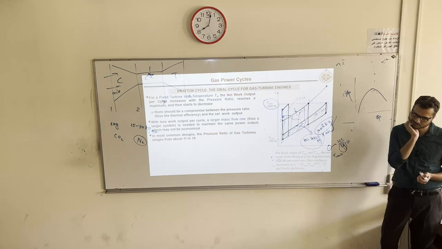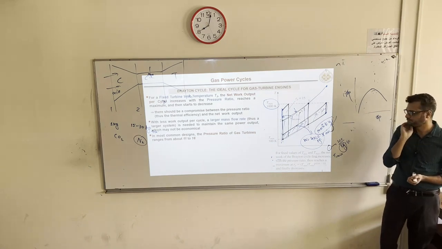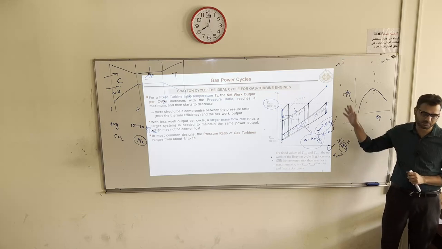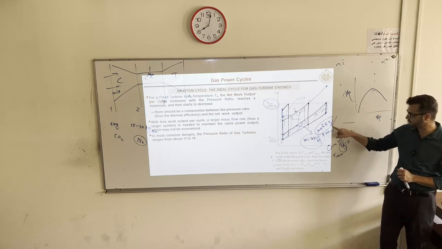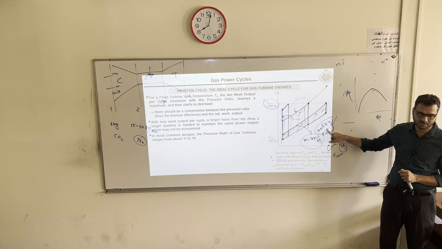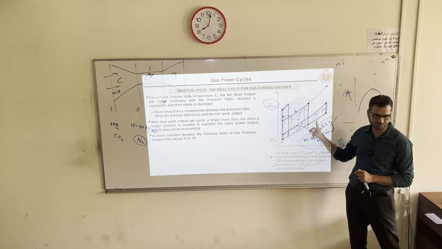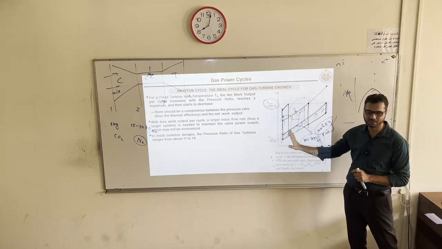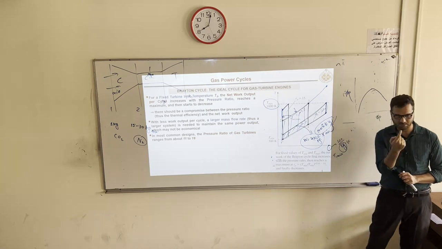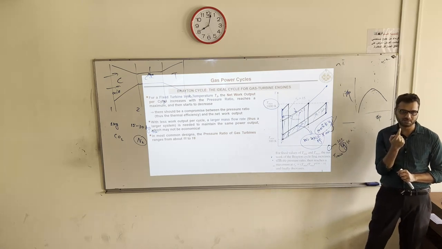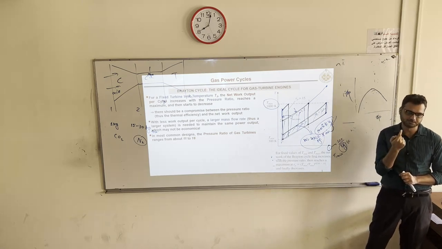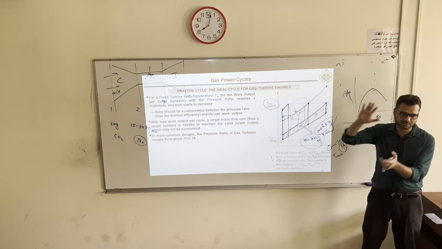No, I'm saying, how can we determine the size of the engine? What is your power requirement? First, that's what you should know. And then you will do the analysis for 1 kilogram. If 1 kilogram of mass is entering, then this will be the volume. Can it give me the required power?